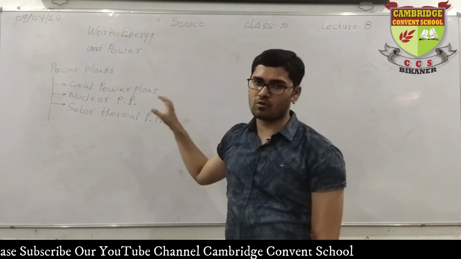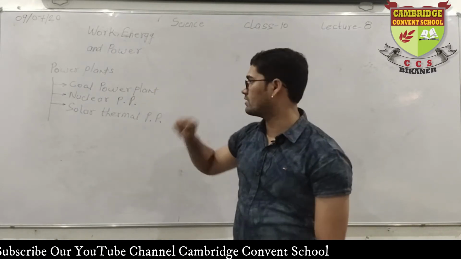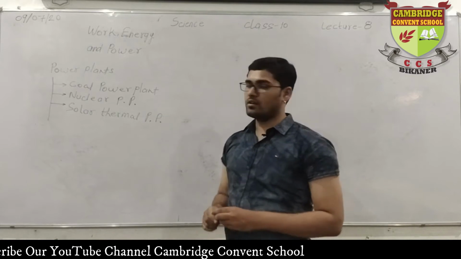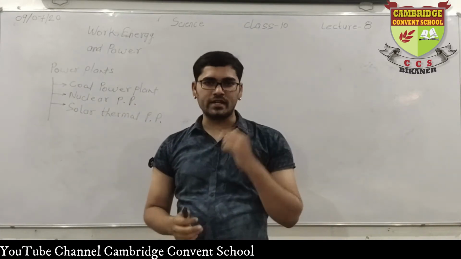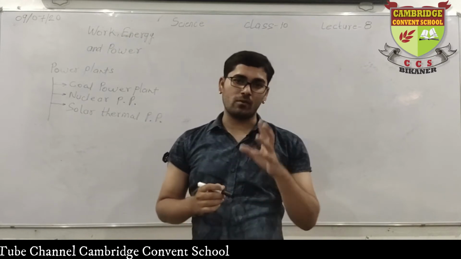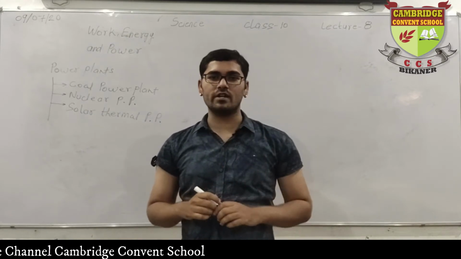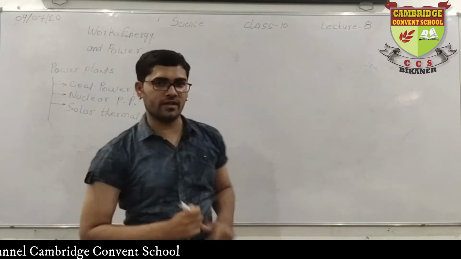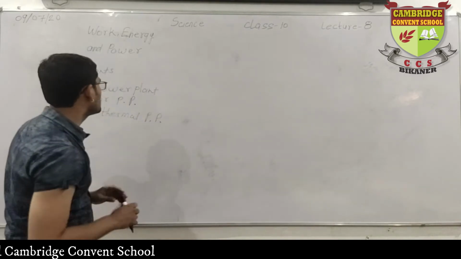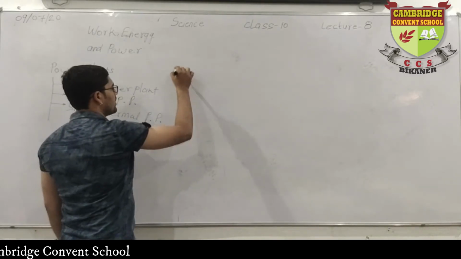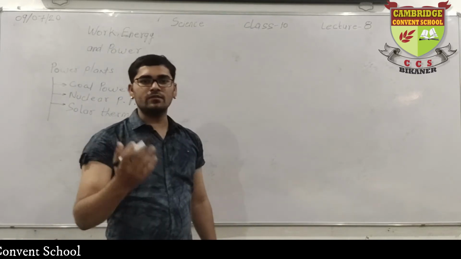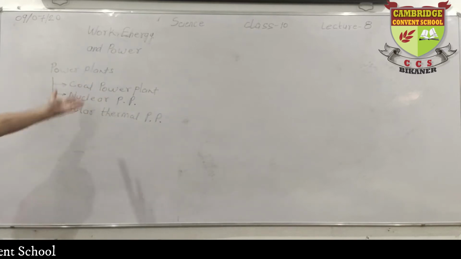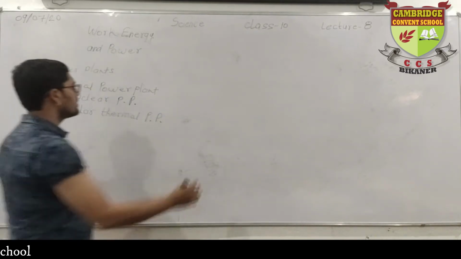Rather than drawing their actual setup figure, we can understand them with the help of a block diagram. That will be a more convenient and understandable way. First, I am explaining the basic concept of how electricity is generated. Then we shall relate this block diagram to all three.